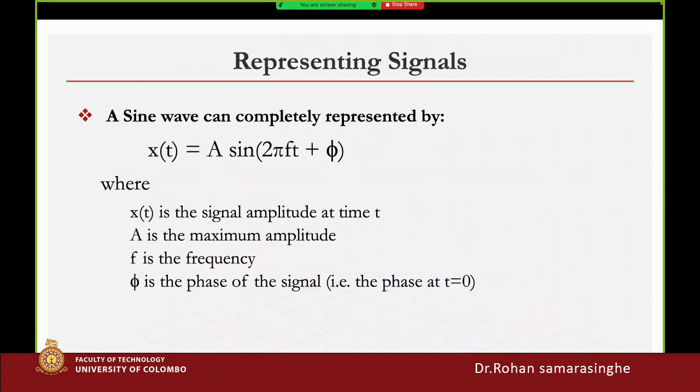A repeating signal, the sine wave, can be completely represented by x(t). x(t) is the signal amplitude at time t, A is the maximum amplitude, and f is the frequency. Psi is the phase, the shape of the signal at t equals 0. This is a little bit advanced.